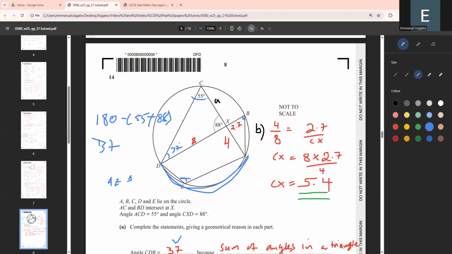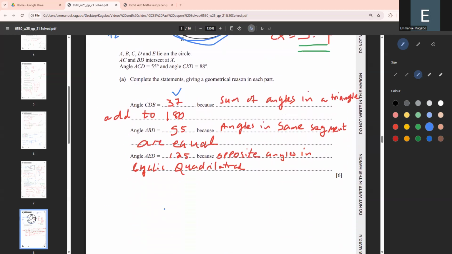We remember opposite angles in a cyclic quadrilateral add up to 180. This angle here plus this should give me 180. So you get 180 minus 55, and that gives me 125. That's why here I have 125. The reason being opposite angles in a cyclic quadrilateral add up to 180. I hope you understand. Very good.